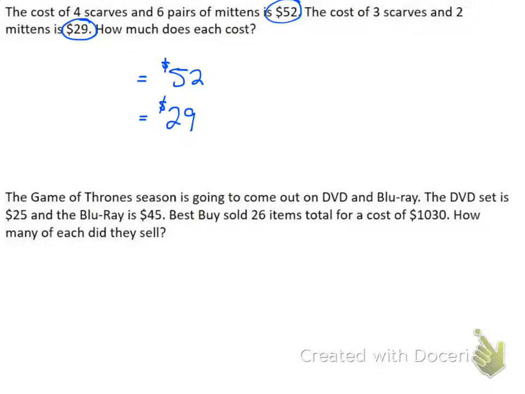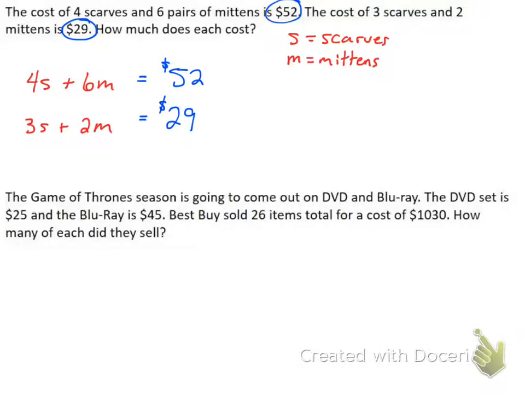I'm trying to figure out how much a scarf costs and how much a mitten costs. So I can do S for scarves and M for mittens. And so the total of $52 was just 4 scarves plus 6 mittens. The second one was 3 scarves plus 2 mittens.